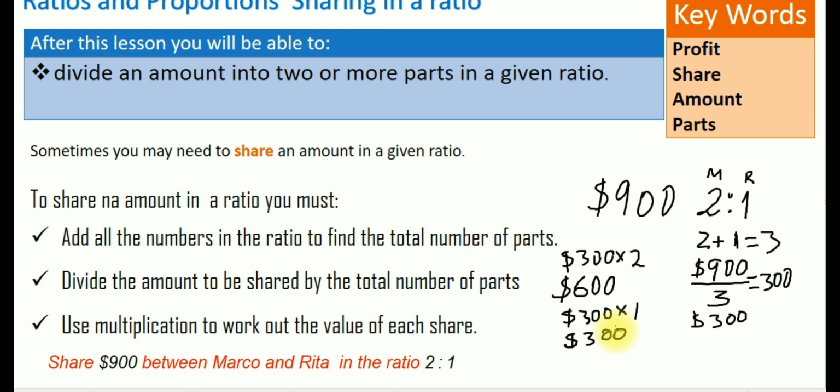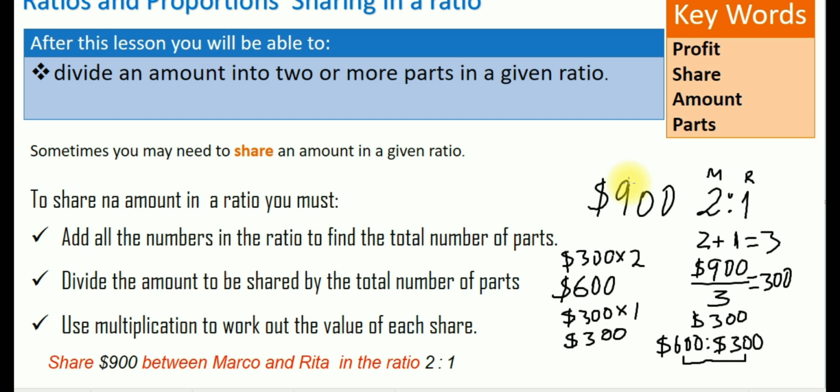First, the amount of Marco, 600, and then the amount of Rita, 300. Look, when you add these two numbers together, the result is going to be the total amount shared.